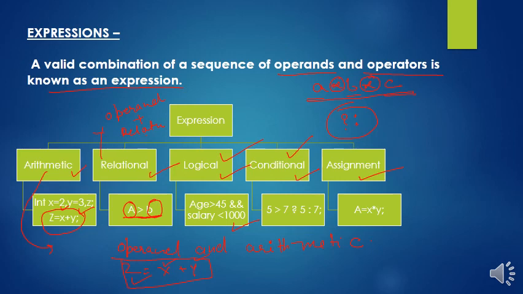The expression which uses the assignment operator, or a valid combination of a sequence of operands and assignment operator, is known as an assignment expression. For example, A equal to X into Y. So here is a valid combination with the assignment operator. So it is known as an assignment expression.